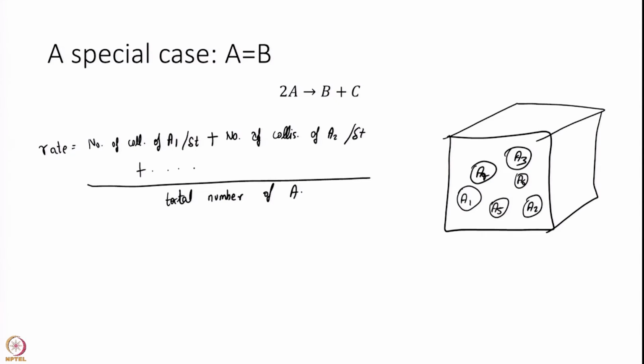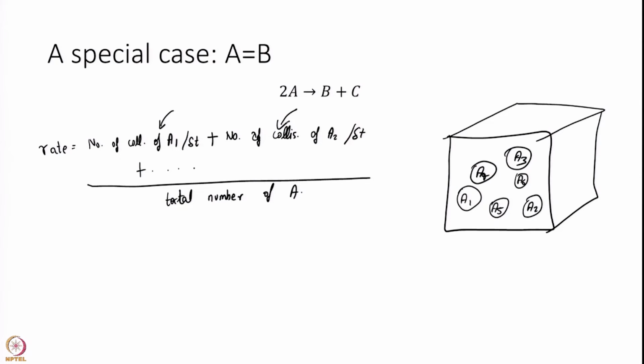That collision will appear here and the same collision will appear here. So, every collision I will count twice if I am considering collisions between same entities.